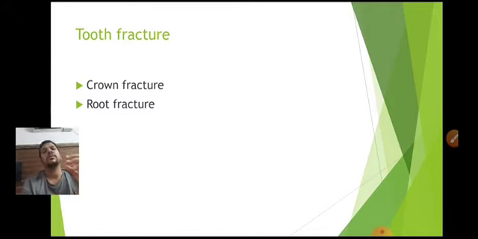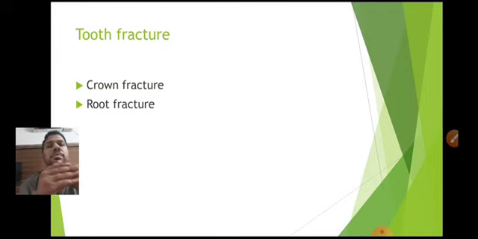Now coming to root fracture. Root fracture mainly happens after the placement of post and core, mainly the post part. For placing a post in a root canal, you are supposed to make a post space to occupy the post. When you create a post space, there are chances of root fracture.